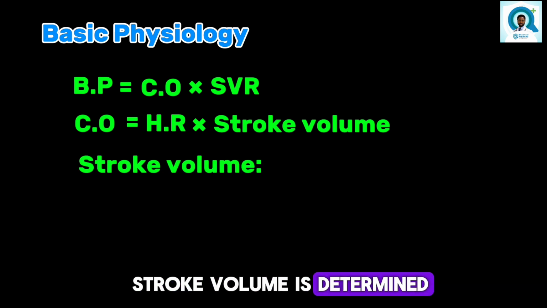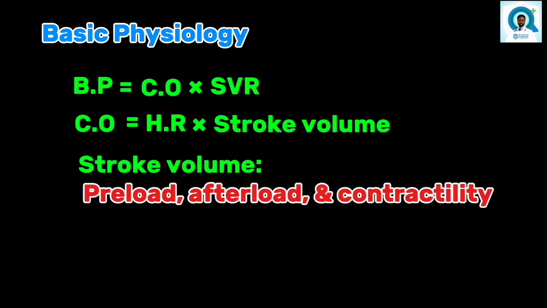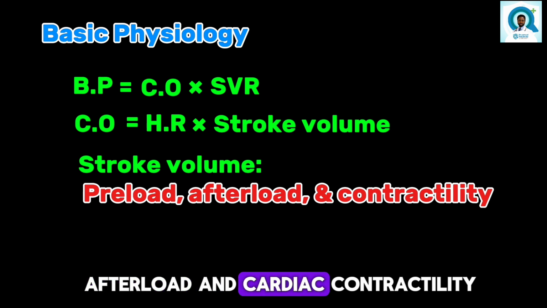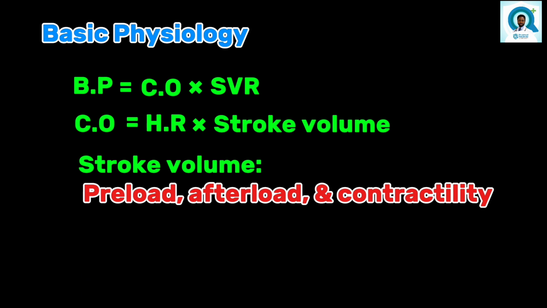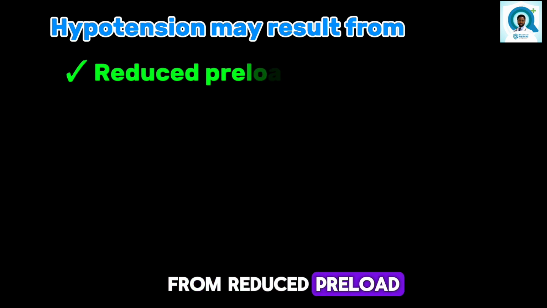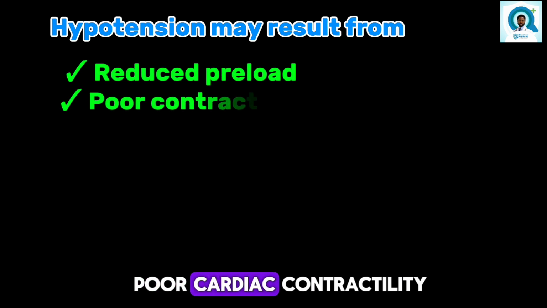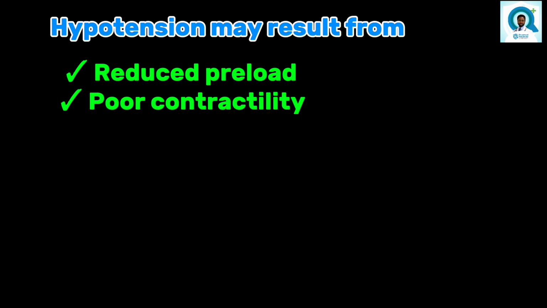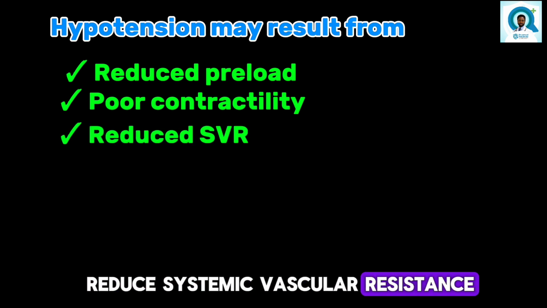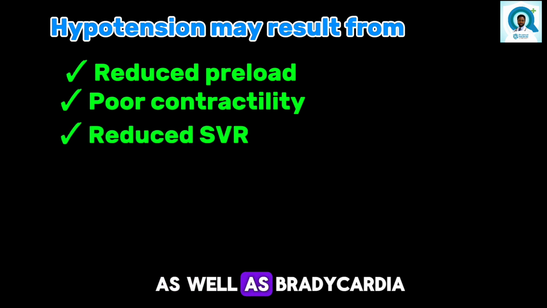Stroke volume is determined by the preload, afterload, and cardiac contractility. So hypotension can result from reduced preload, poor cardiac contractility, reduced systemic vascular resistance, as well as bradycardia.